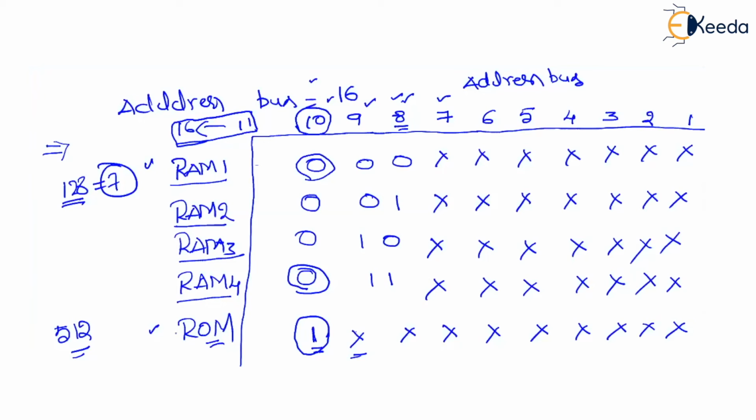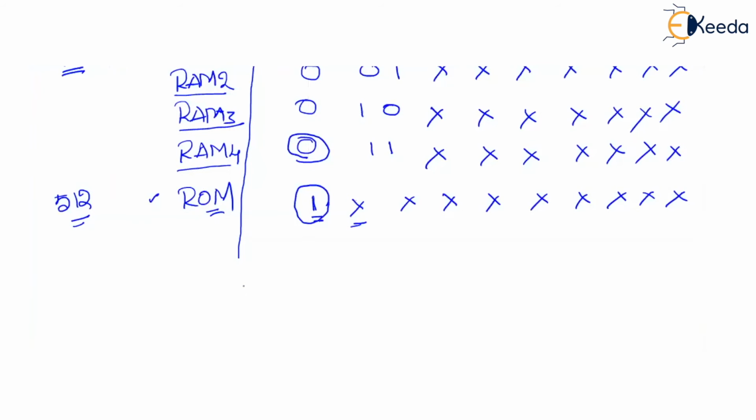My main memory is not a single module. My main memory has 5 modules attached to it. What are those? RAM 1, RAM 2, RAM 3, RAM 4, and ROM.